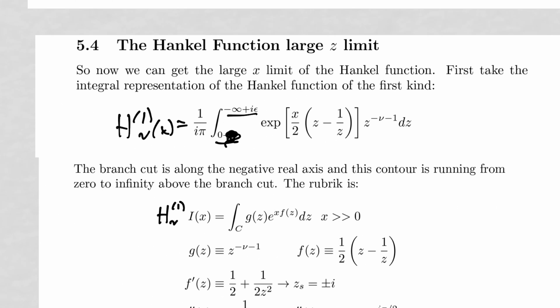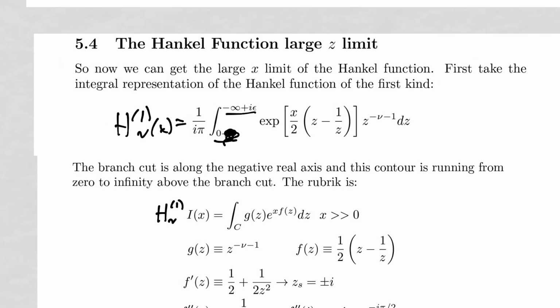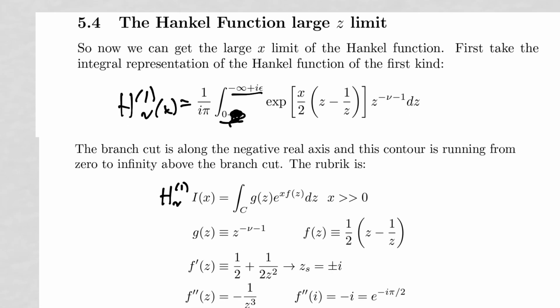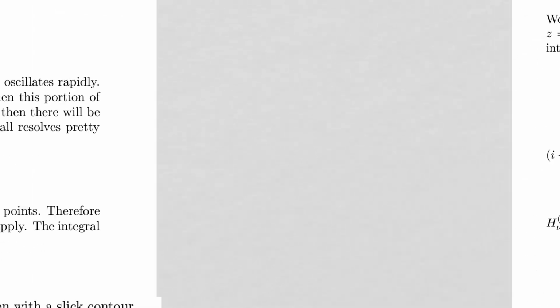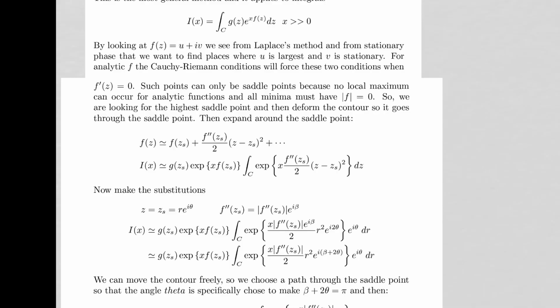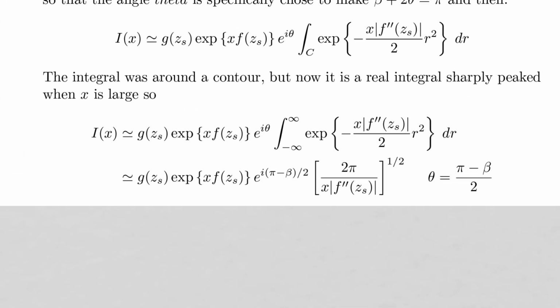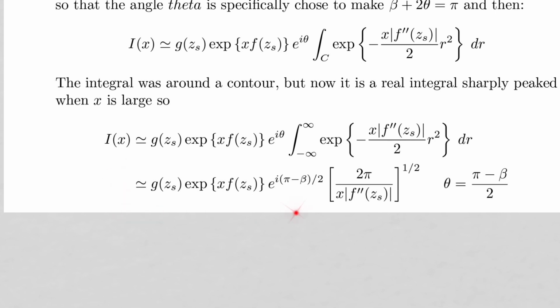Anyway, now that we have it in that form, we can execute our method of steepest descents, and we can do it two ways. The first way is where we left off at the end of the last lesson, where we produced a formula that tells us the asymptotic form of our function.